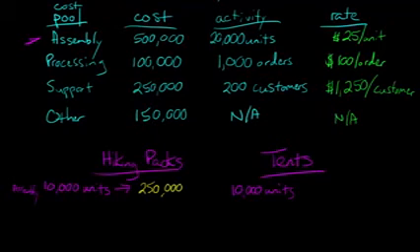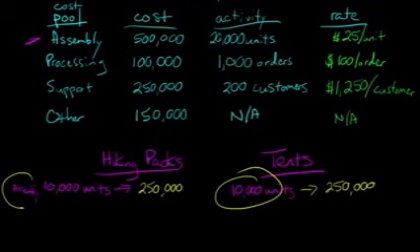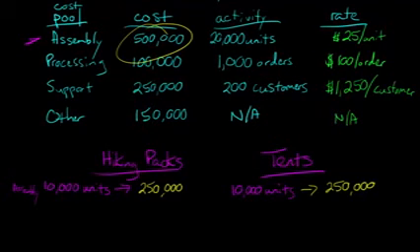We have 10,000 units of tents and 10,000 units of hiking packs, and basically we're splitting this $500,000, half going over here and half over here with the tents. Another way of looking at it is just that $25 a unit. We're producing the same amount of units for each. But now let's make things a little bit more interesting. So now let's get into the processing.